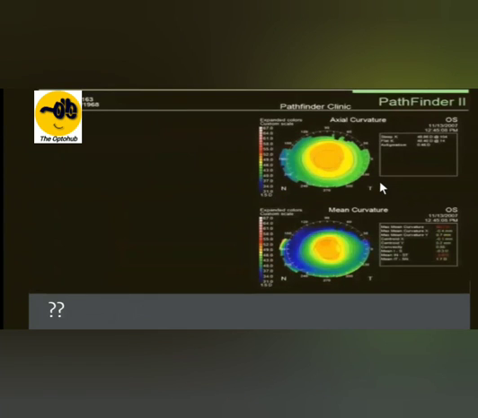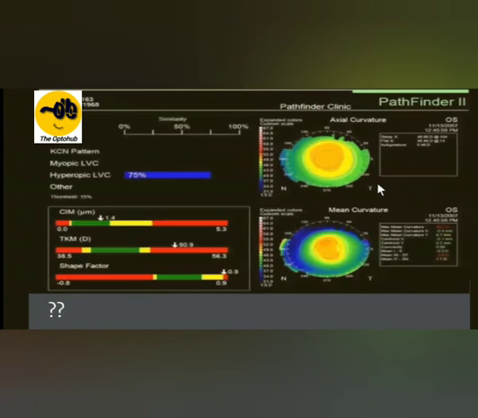Next, since we don't have a question and answer session, this is a case of hyperopic LVC. If you can see, the central area is steep and the mid periphery area is flatter, right? What is done is the laser ablation is done in the mid peripheral region. So the central area appears to be steep as compared to the mid periphery region.